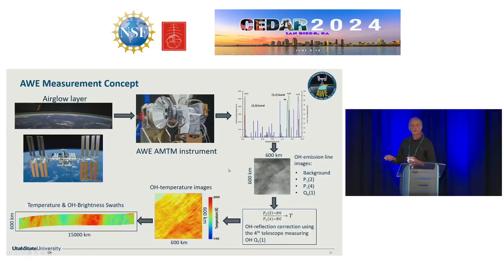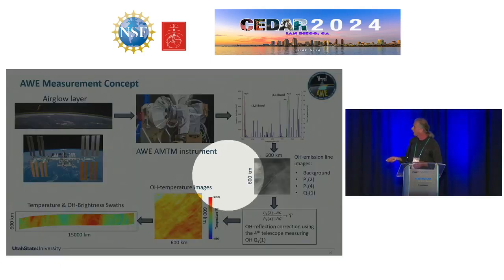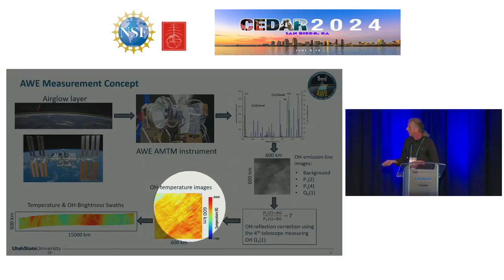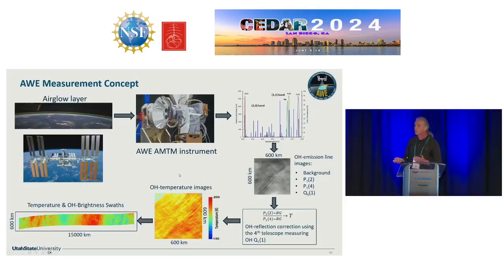So these are images with a field of view of 600 by 600 kilometers that we then combine in the traditional way how this has been done over many years, by combining the P12, the background, and the P14 to give us the temperature. And as I said before, we're using the Q line to do corrections on that for reflections from clouds and the ground to give us images of the temperature.